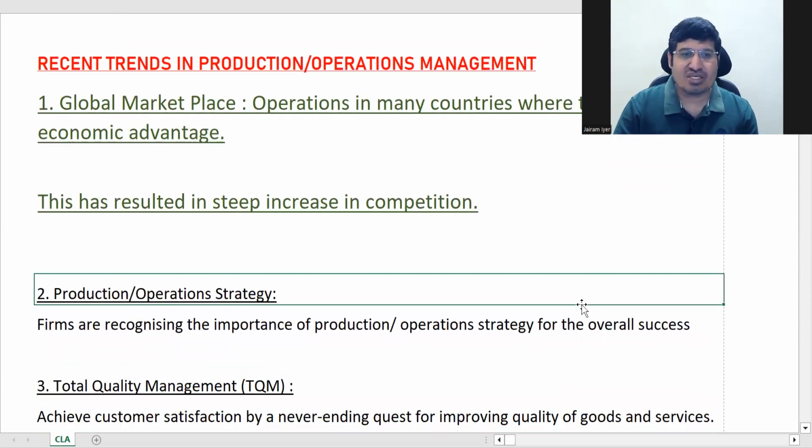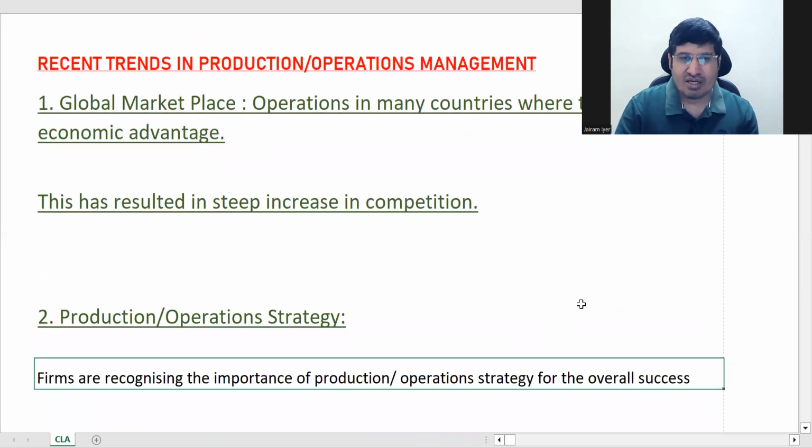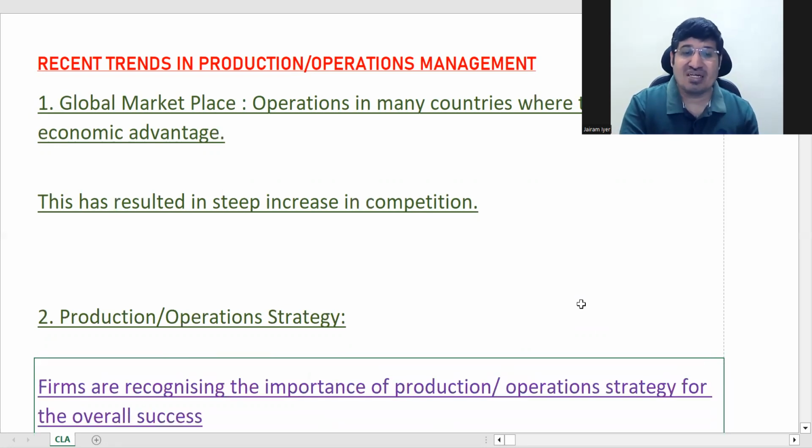Next is production operations strategy. Nowadays lots of production and operations strategy is being used. There is a need for doing that, because as we know now there is lots of over capitalization, and you are not able to sell everything that you produce.